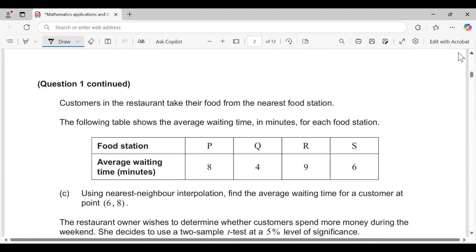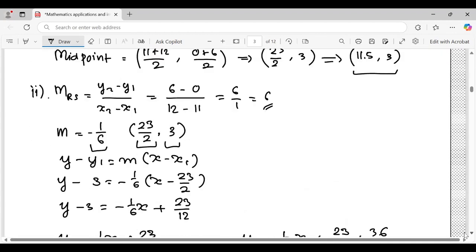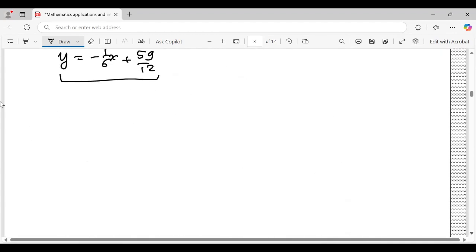Customers in the restaurant take their food from the nearest food station. The following table shows the average waiting time in minutes for each food station. Using nearest neighbor interpolation, find the average waiting time for a customer at point (6, 8).